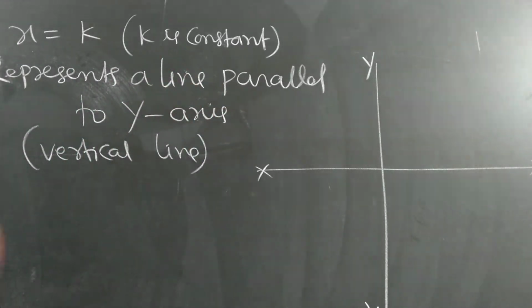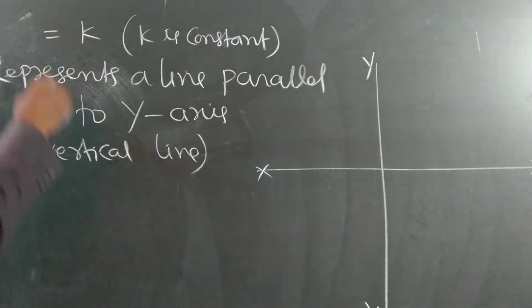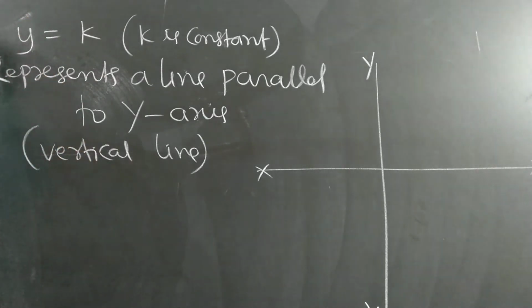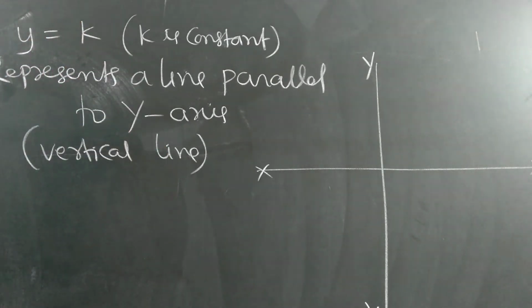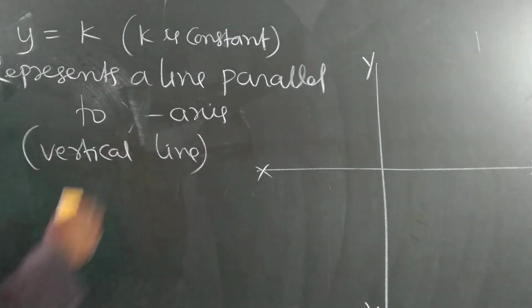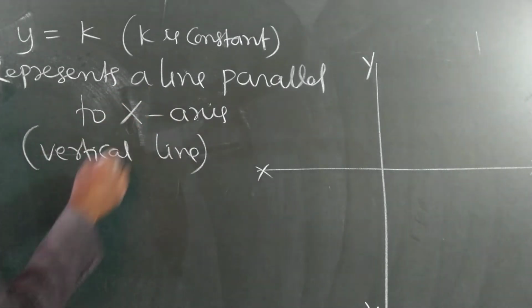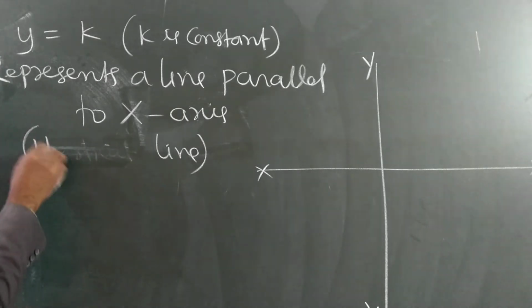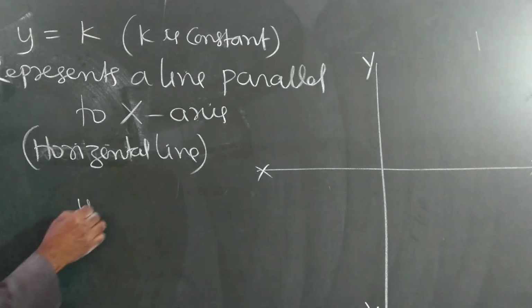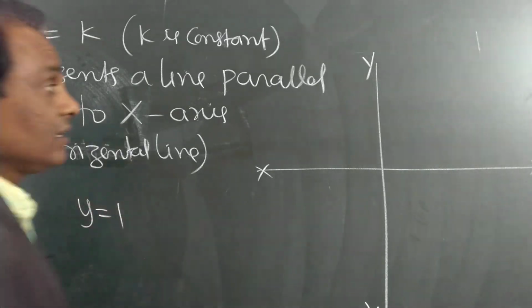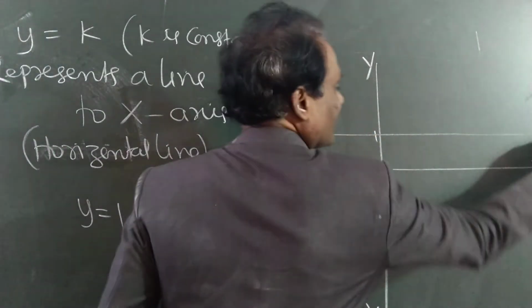Second bit. Y is equal to k. Y is equal to any number, the line will be parallel to the x-axis. It will be a horizontal line. Remember this bit. Suppose y is equal to 1. How to draw this line? Take y value 1, draw this.